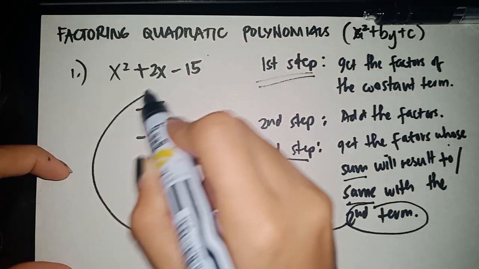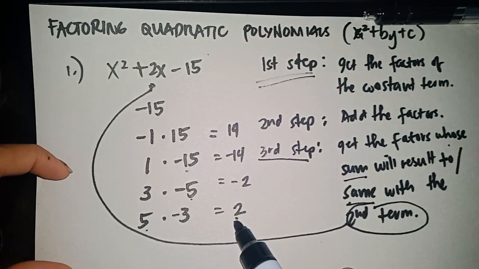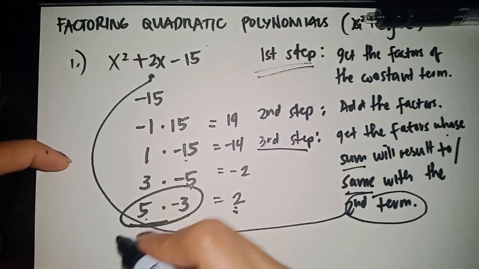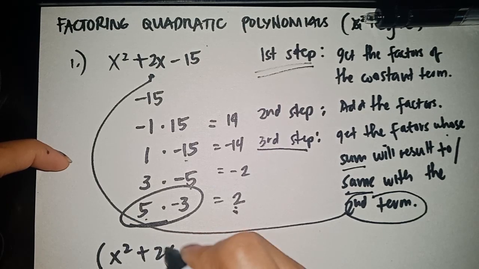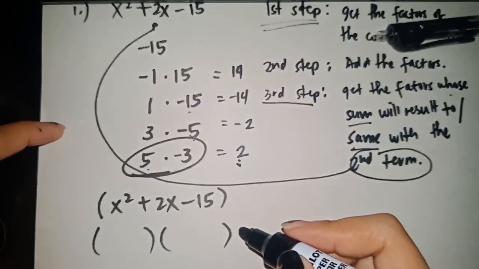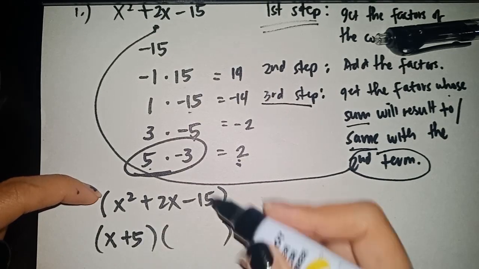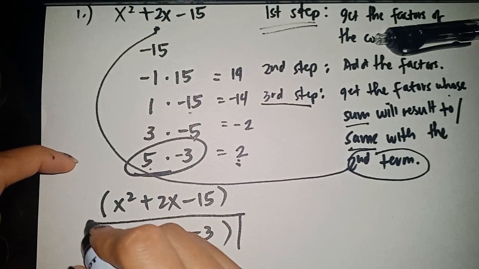Our second term is positive 2. So the factors that we are looking for are positive 5 and negative 3. So with these factors, we are now able to get the factors of x squared plus 2x minus 15. How? It will be like this: x plus 5 times x minus 3. And that is the final answer.